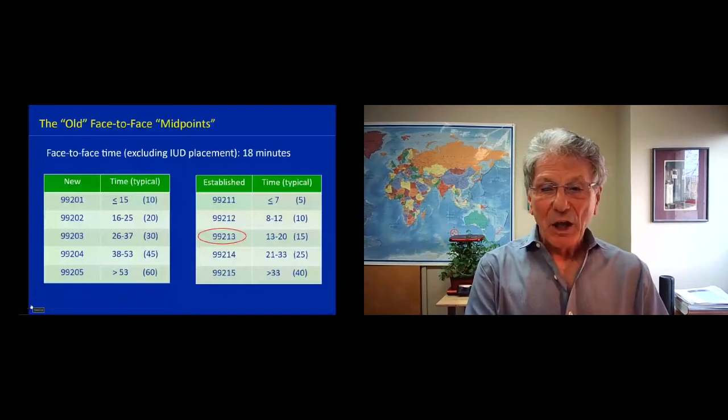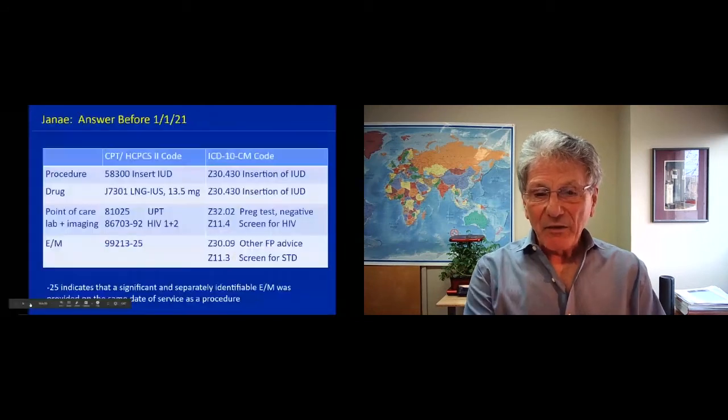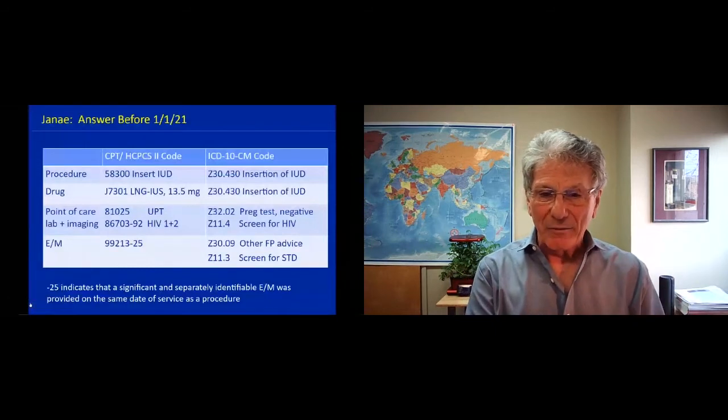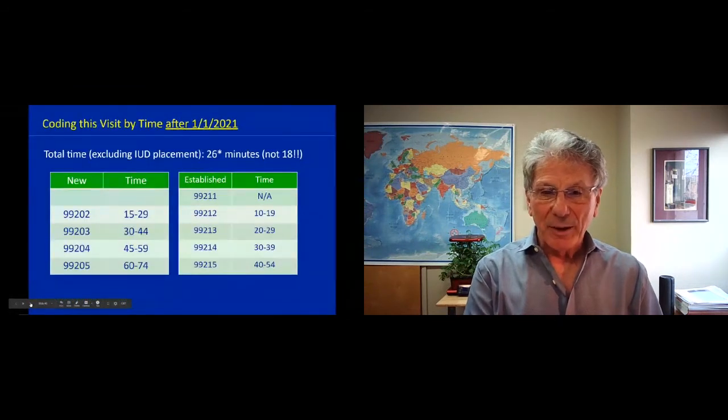So in the old system, I'm not going to spend much time on this, the next slide you'll see is how this would have been billed. But that's old history, let's go to the new way of doing it. And you'll see an updated table in just a minute.